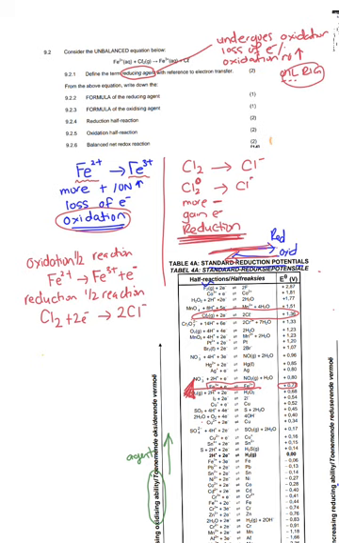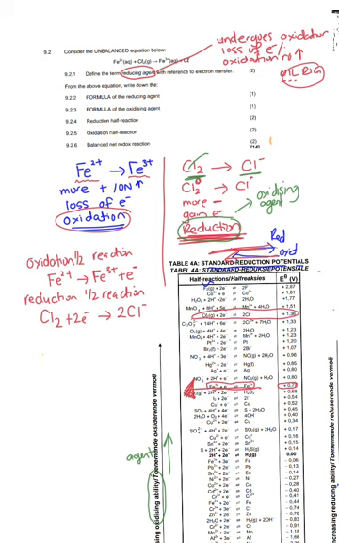So from here we are going to get a reducing agent, but from the chlorine side that undergoes reduction, we are going to get an oxidizing agent, because we know that a substance that itself undergoes reduction is an oxidizing agent. So that means either Cl minus or Cl2, one of these is going to be our oxidizing agent.